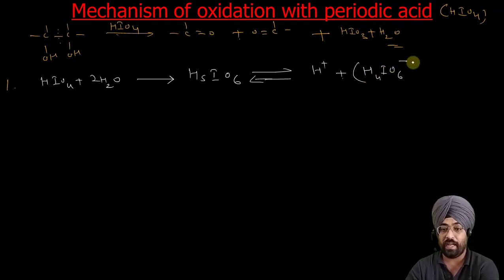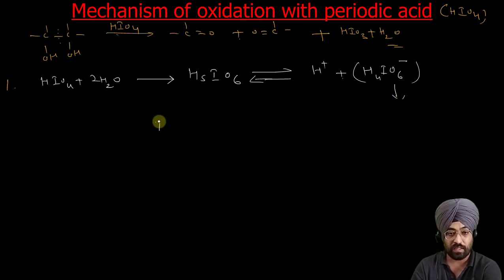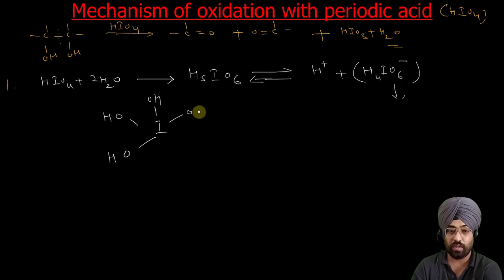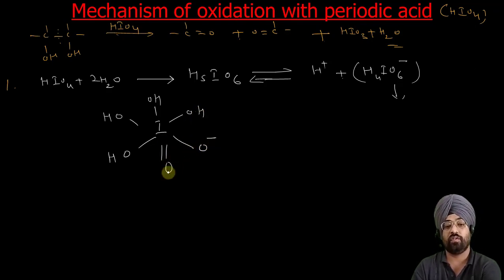So this is your reacting species. I will write its structure. Its structure is I with OH, OH, OH, one more OH, and a double bond O with a negative charge. So that is the structure of your H4IO6 negative.